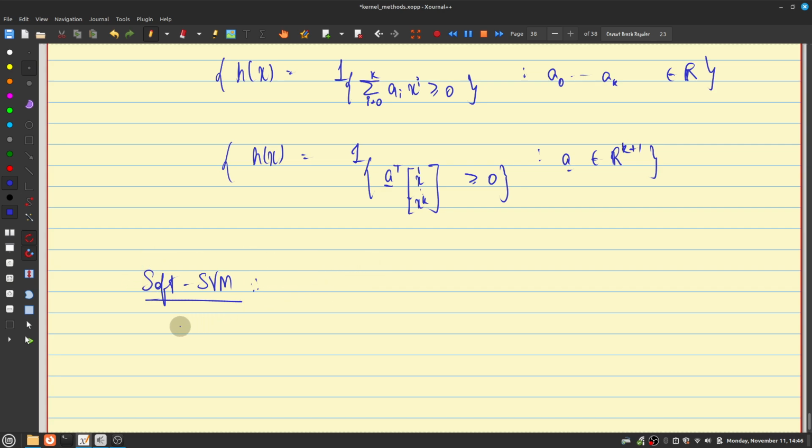So what would soft SVM look like in the feature space? What is the optimization algorithm?